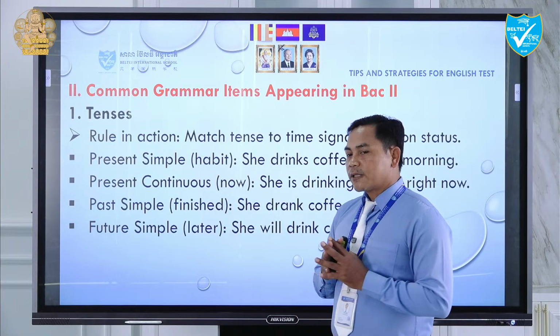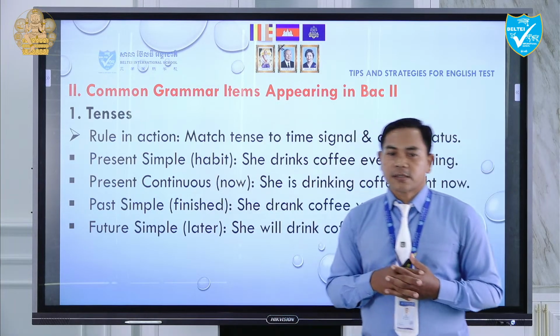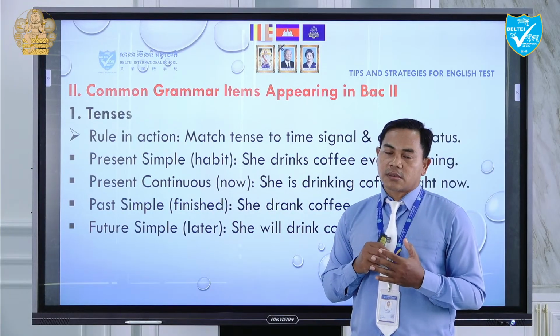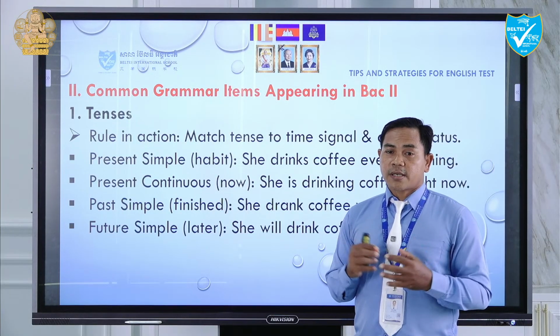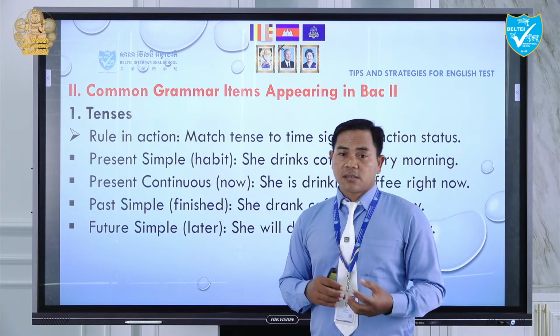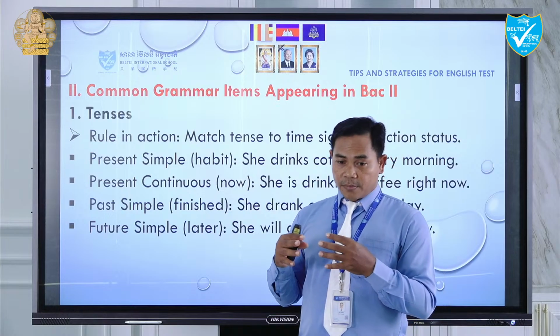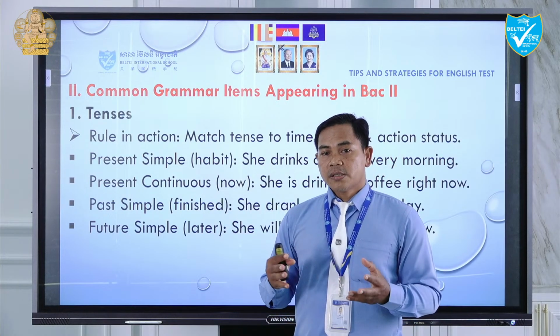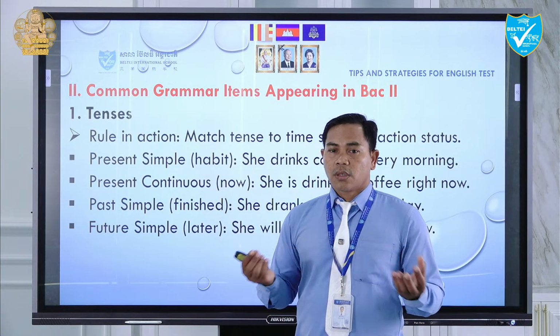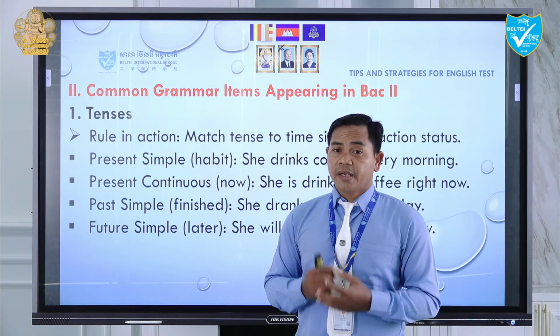So for time signals, I already showed you, and you have to take note of which time signal we use in present, in past, in future, and in continuous, because they can help you do the grammar section test quickly.